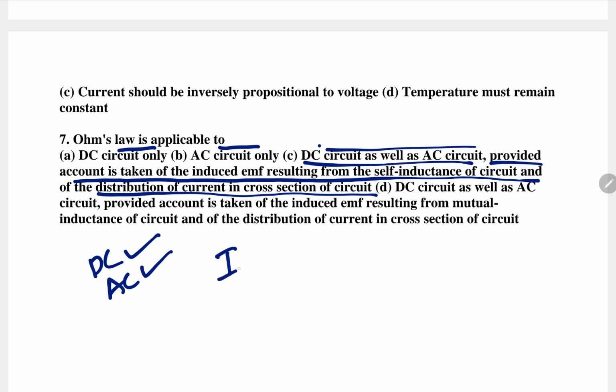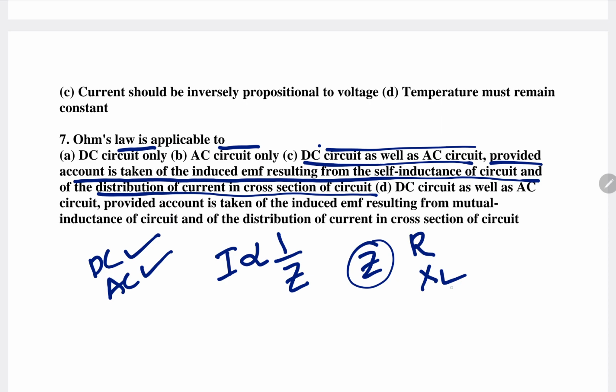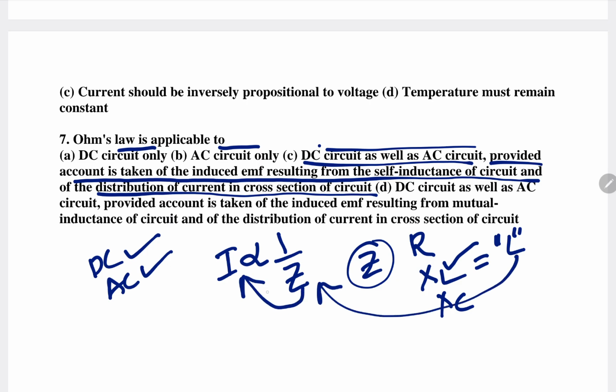The current value in an AC circuit depends upon the impedance also. In impedance, we consider resistance as well as other factors like inductive reactance or capacitive reactance. Inductive reactance depends upon the self-inductance, so self-inductance will influence the impedance, which will influence the current.